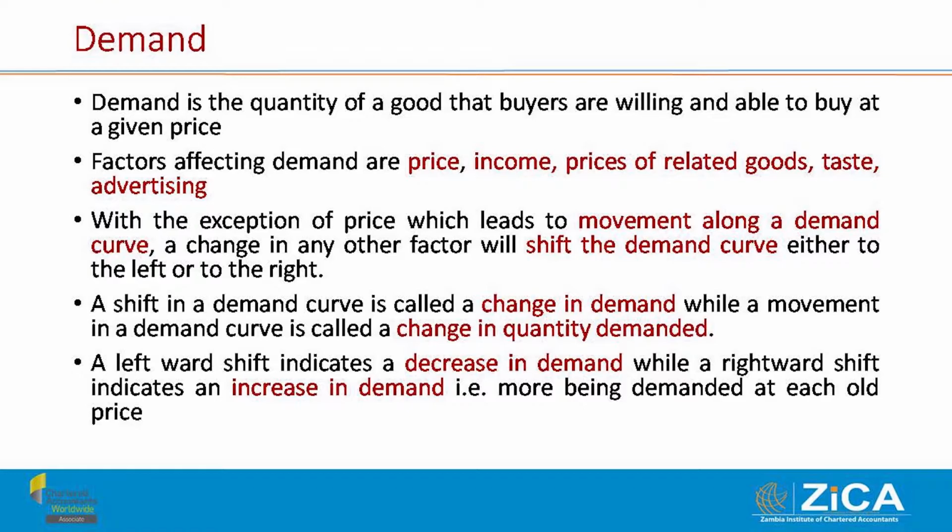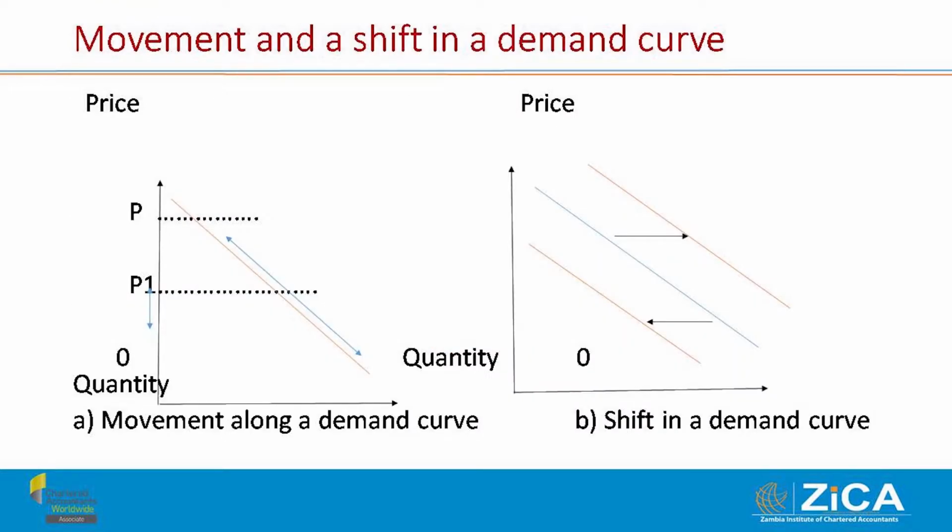These factors will always influence the quantity of a good that people can buy. It is always very important as well to distinguish between movement in a demand curve and a shift in a demand curve. A movement in a demand curve is caused by a change in the price of that particular product, while a shift is caused by a change in any other factor that affects demand other than the price of that particular product.